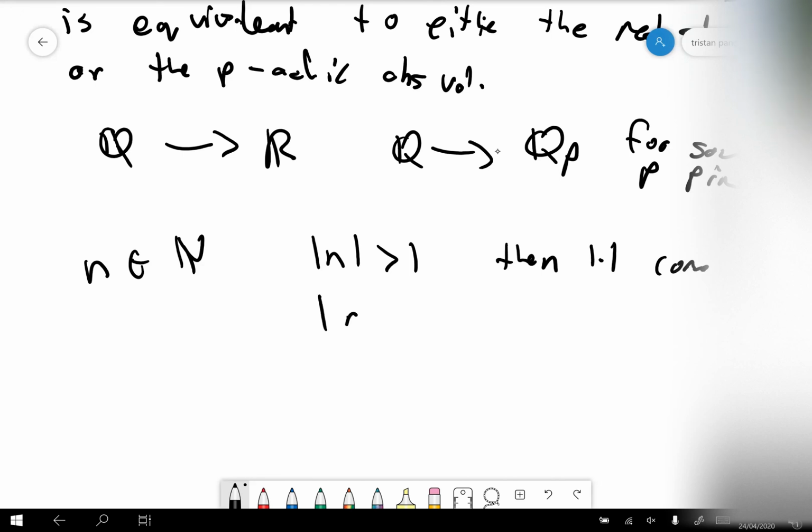And if the norm of the natural number is less than or equal to 1, then the norm corresponds to some P-adic absolute value for some p. The proof is just a case-by-case argument, a bunch of inequalities and that sort of stuff.